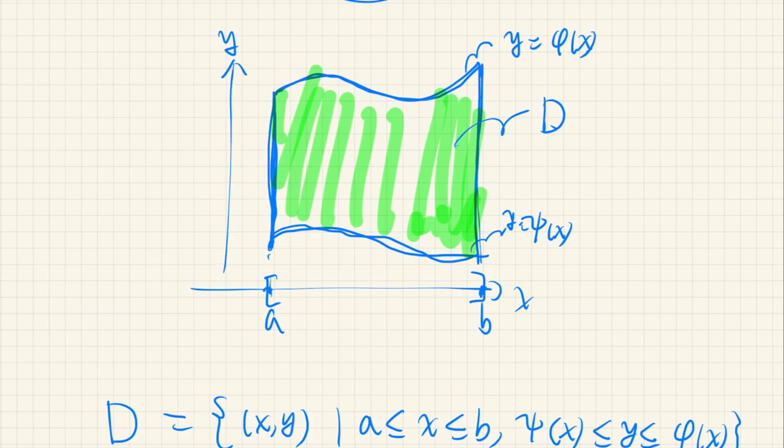Clearly this is a Jordan region because there are no crossings in the boundary. So we may define a one-parameter function between 0 and 1 that goes like this, for example, from here to here to here to here.